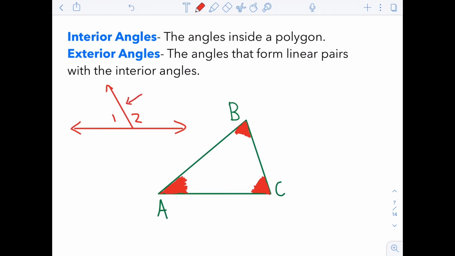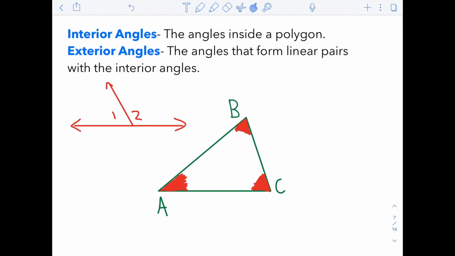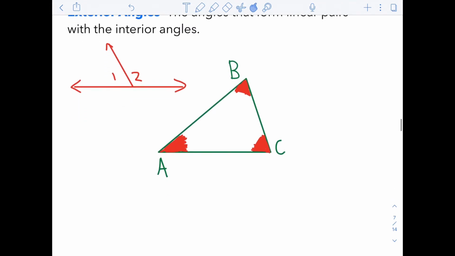This is the common side that they share, and they are supplementary. So basically, if we extend the sides right here so that it looks like this, and extend this side so that it looks like this, and extend this side so it looks like that, then that means the angles right here are going to be the exterior angles.